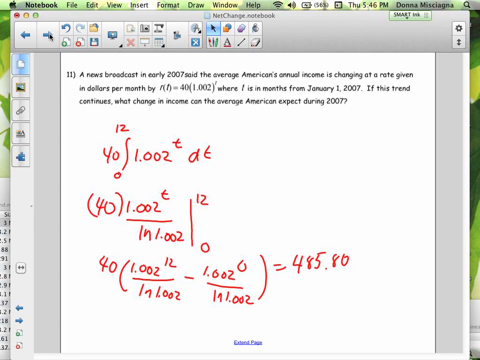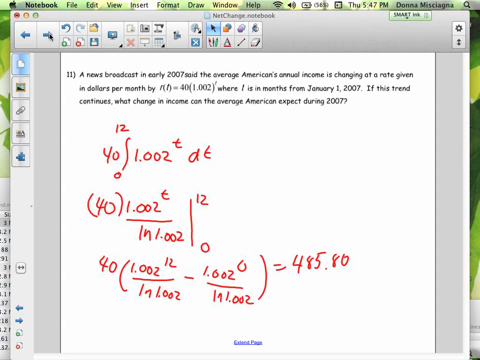Same thing for all your exponentials, except if it's not e, then you have to divide by the natural log of the base. So when we integrate here, we have 40 times 1.002 to the t divided by the natural log of 1.002, and that's from 0 to 12.